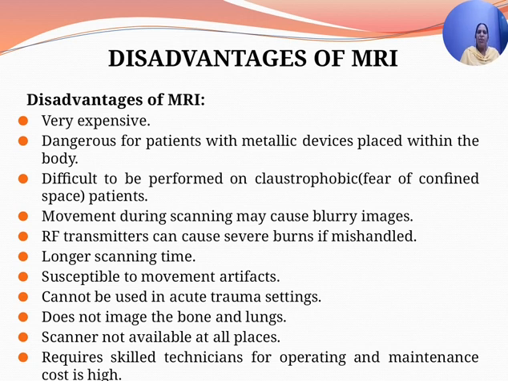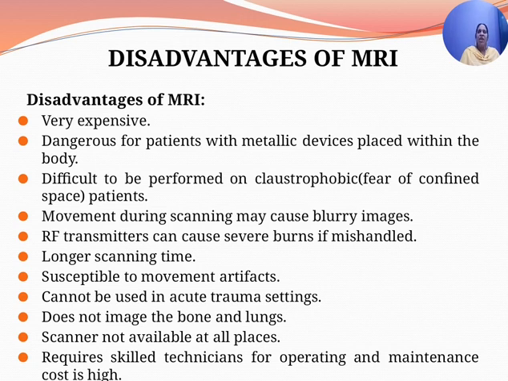Movement during scanning may cause blurry images. RF transmitters can cause severe burns if mishandled. Longer scanning time is needed, and it is susceptible to movement artifacts. It cannot be used in acute trauma settings.